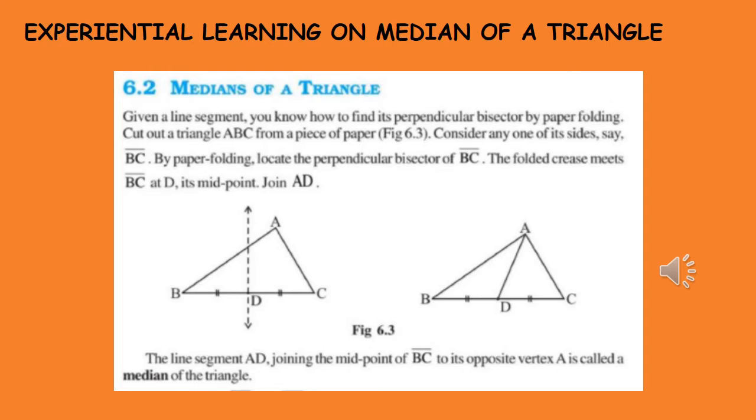The folded crease meets BC at D and D is the midpoint. Now we are joining AD. That means A is the opposite vertex to BC, we are joining it. This AD is the median of the triangle which is opposite to side BC.